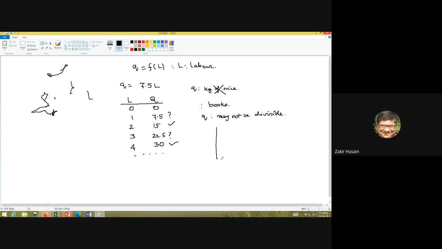So technically what we are doing is, when we are drawing a function like this, we are assuming that all points over here can be produced. But in reality, 1, 2, 3, 4, there are also points in between, 4.1, 3.7, 3.4. So it's not possible to produce that much. So technically, when we are talking about the production function, is it continuous?